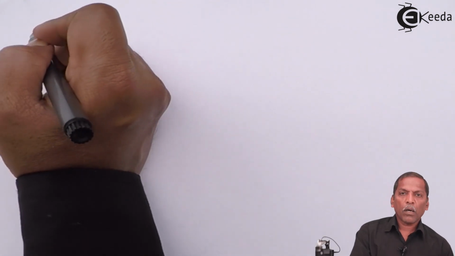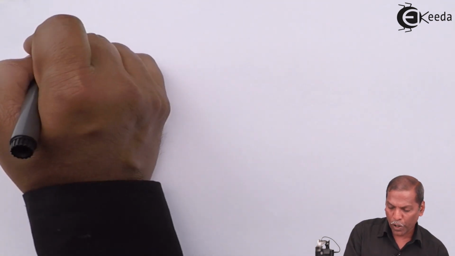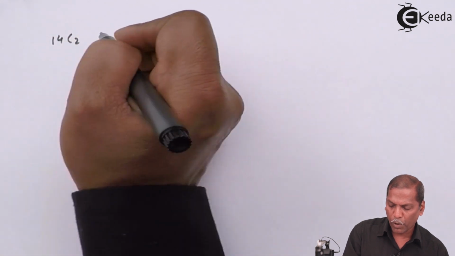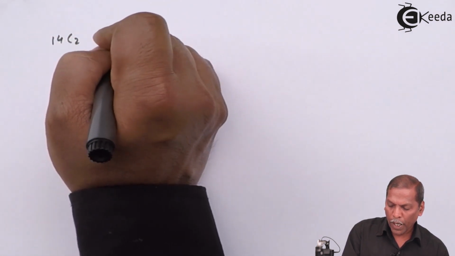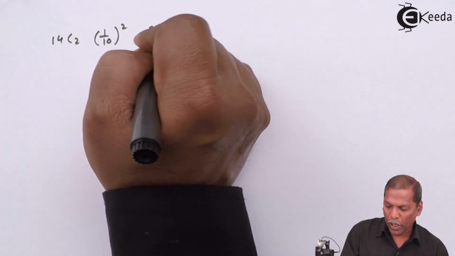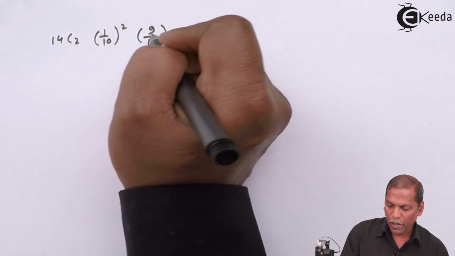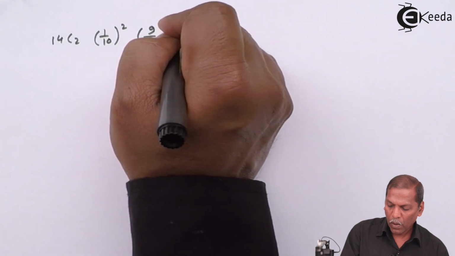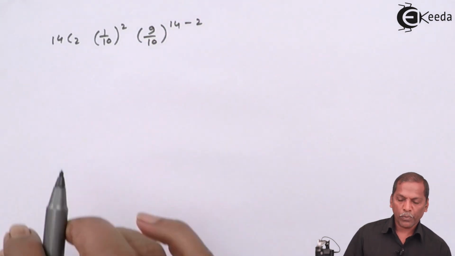Then we find probability X equal to 2. So that gives 14C2 into 1 upon 10 raise 2 into 9 upon 10 raise 14 minus 2.